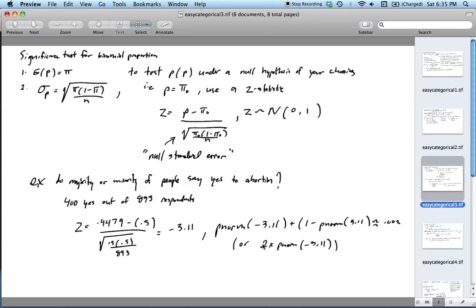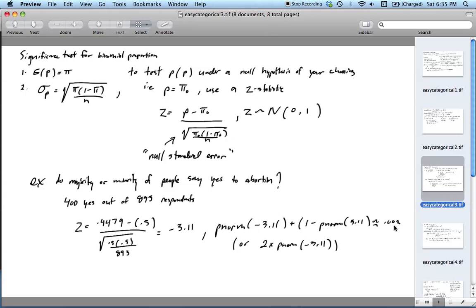So it would just be twice the density that accumulates to the left of this value, because that would be the same as to the left plus to the right. We calculate that that is about 0.002.